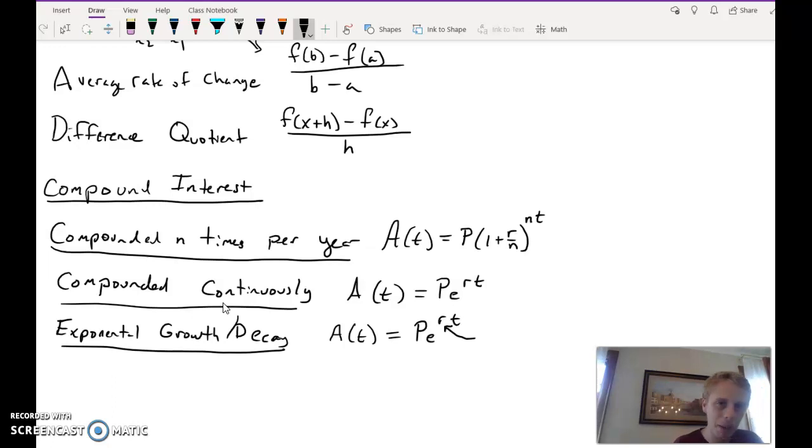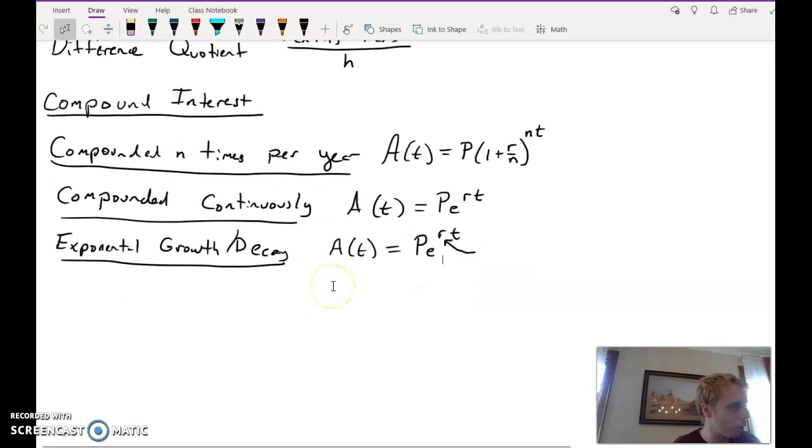And then we picked up a couple formulas in the last week or so of class in terms of arithmetic sequences and geometric sequences.